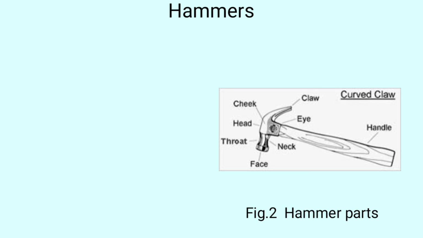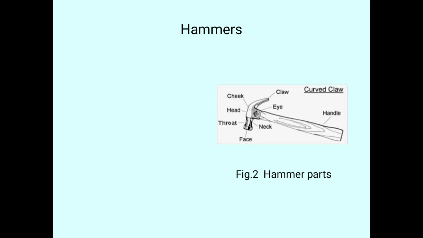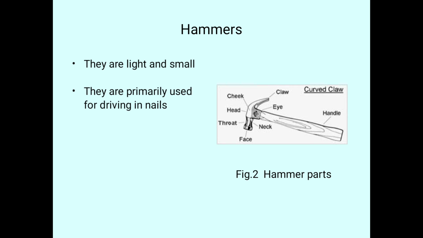These are the parts of a curved claw hammer. These hammers are light and small, and are primarily used for driving nails into wooden workpieces.